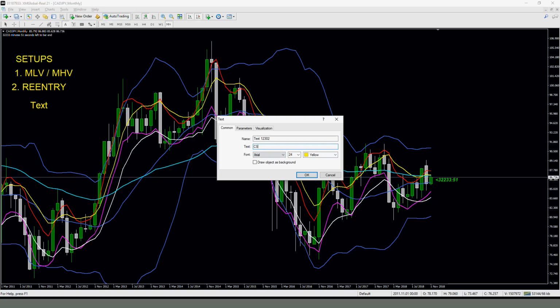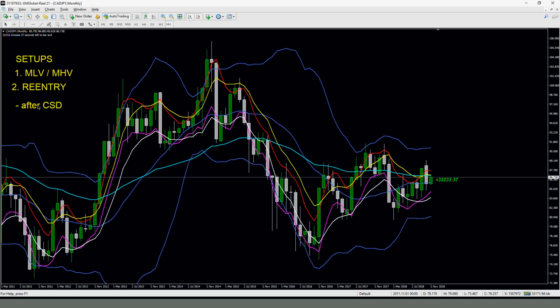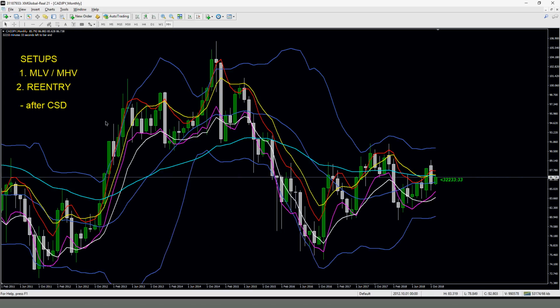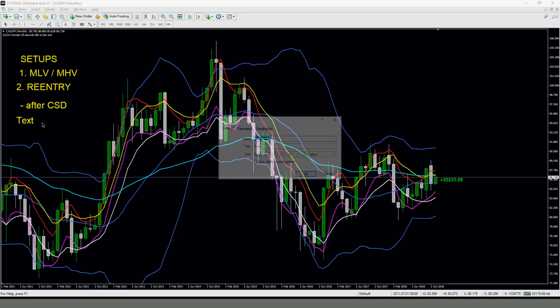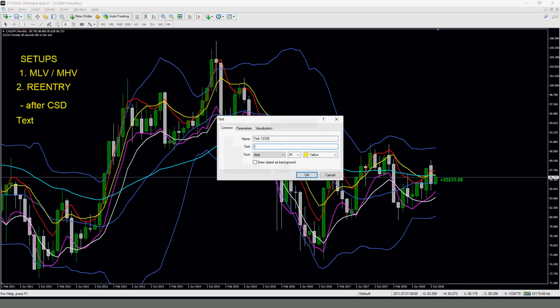I'm just going to write it down over here. The first one is the re-entry after CSD. The second one is the re-entry after CSM, which is my favorite one.